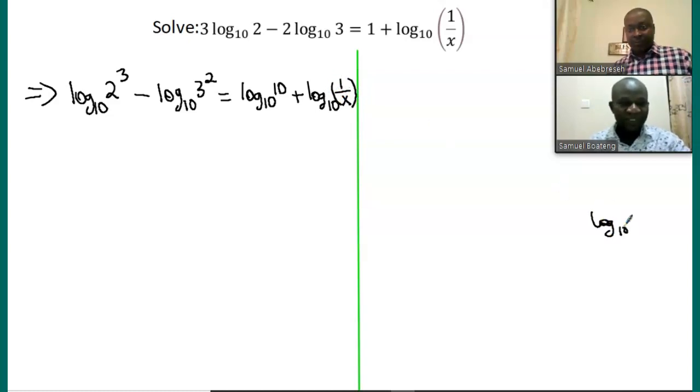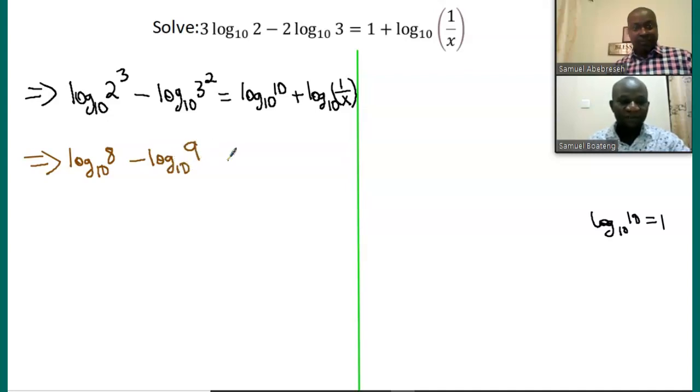Okay. Next step. This implies that log to the base 10 of 8, since 2 raised to the power 3 is 8, minus 3 raised to the power 2 which is 9, log 9 to the base 10, is equal to log 10 to the base 10 plus 1 on x.